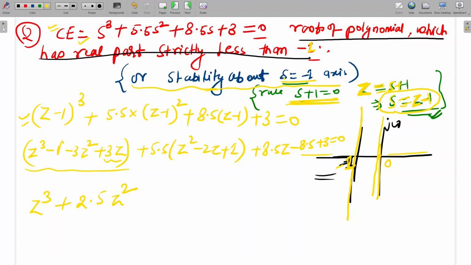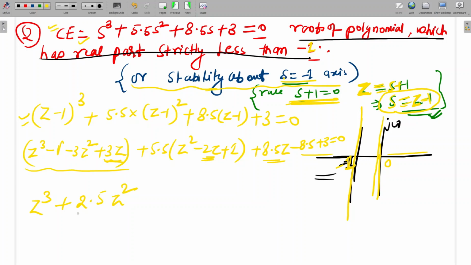Here 3z is there, here minus 11z is there, here 8.5z is there. So 8.5 minus 3 minus 11, how much? Minus 5.5 we are getting, or is it incorrect? I think some mistake I am making. Can anyone reply?